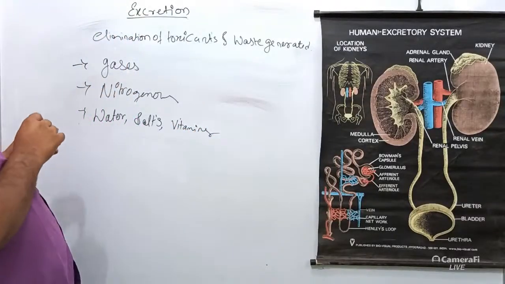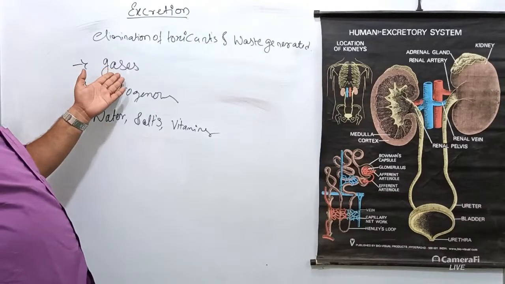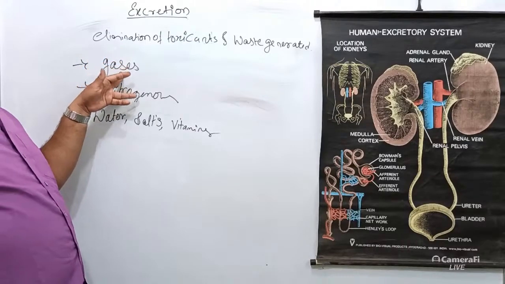These are all the wastes generated in the body of an organism. It may be gaseous waste, like in plants.